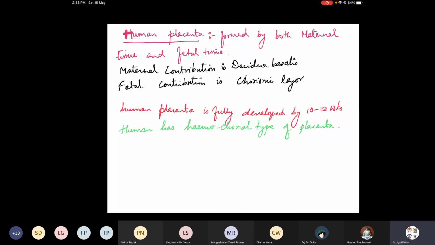Go through it quickly. You know the hormones of the human placenta we have discussed. We have discussed the umbilical cord. What is the umbilical cord? It connects the placenta with the fetus. You can write down this.